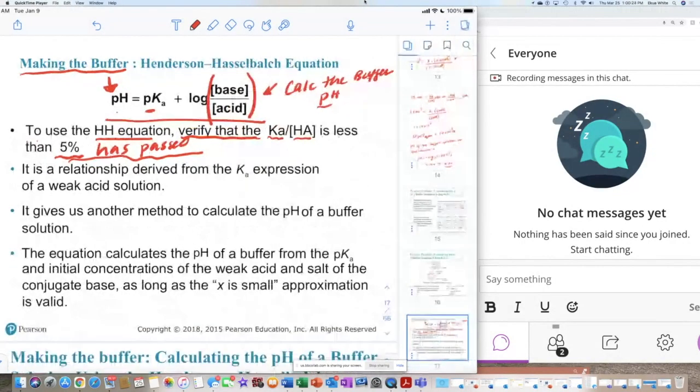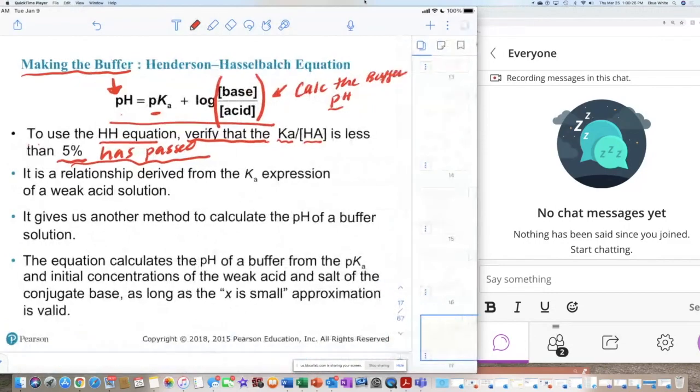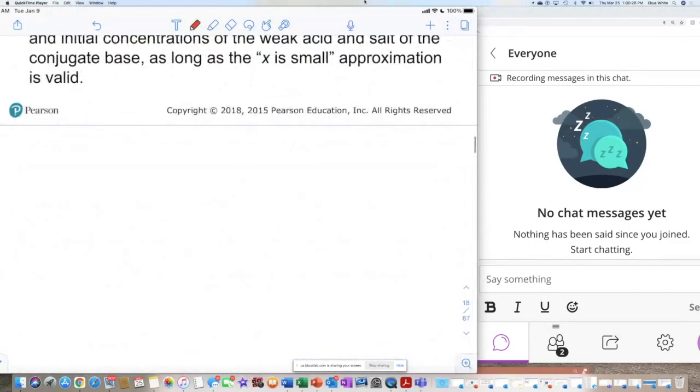Okay, so let me go ahead and add a page so I can write more freely. It's pH that you're solving for. Remember, pH came from pH equals negative log base 10 of the H3O+ concentration. Okay, so I'm going to write it like this: pH is equal to pKa.